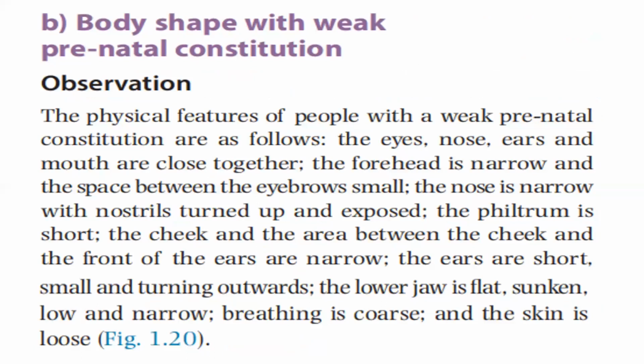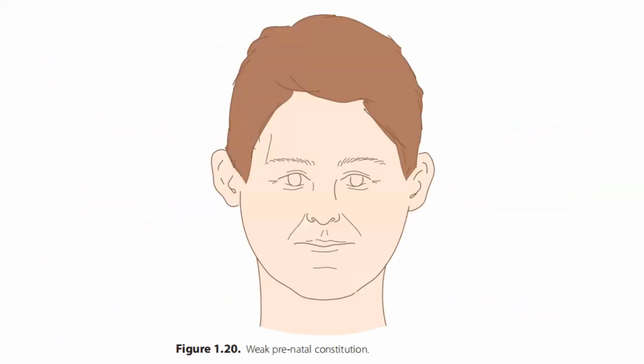The cheek and the area between the cheek and the front of the ears are narrow. The ears are short, small, and turning outwards. The lower jaw is flat, sunken, low, and narrow. Breathing is coarse, and the skin is loose. So we have here a picture of weak prenatal constitution.